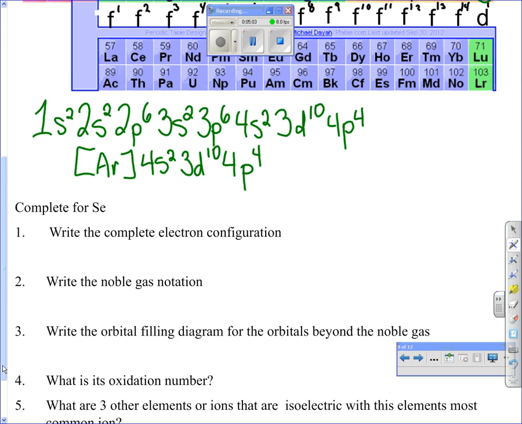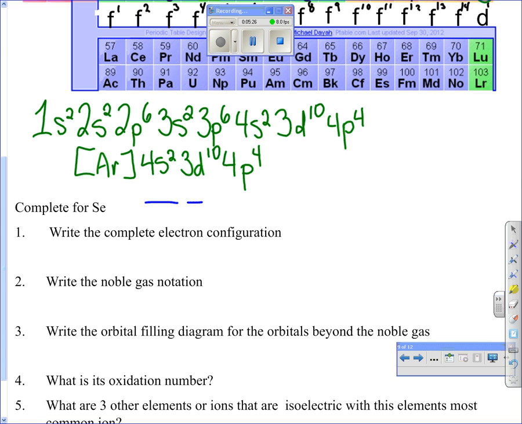Then the next thing it asks you to do is the orbital filling diagram. I just want you to do this for the orbitals that are beyond the noble gas. So we're just going to do the orbital filling diagram for the 4s, the 3d, and the 4p. To do this, I know that every s is only one room, so I'm going to draw 1.